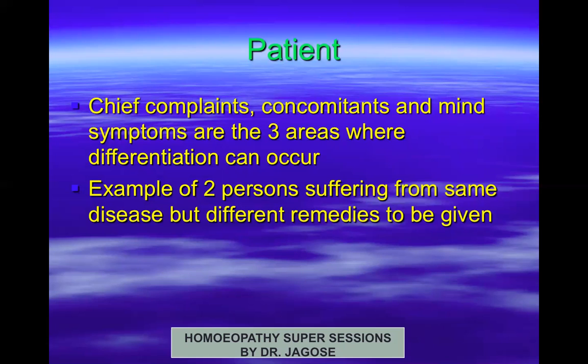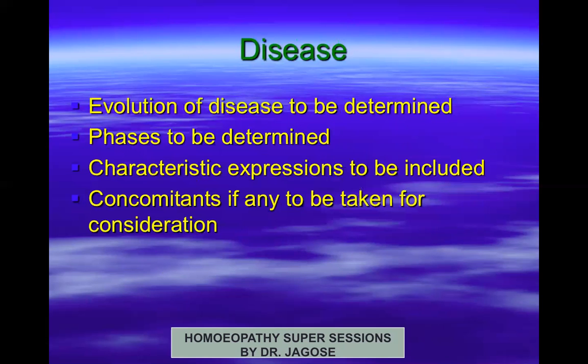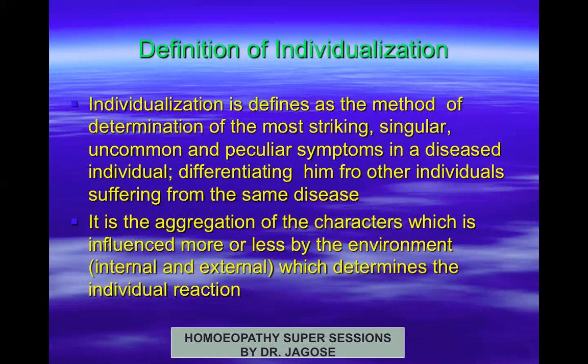Example: two persons suffering from the same disease but different remedies are to be given. So let us take a simple example of a common cold. Two people come to the homeopathic physician for a common cold, and each one of them will get a different remedy. Why? Because the patient will react in a different manner. So it is the aggregation of the characters influenced more or less by the environment which will determine the individual reaction.